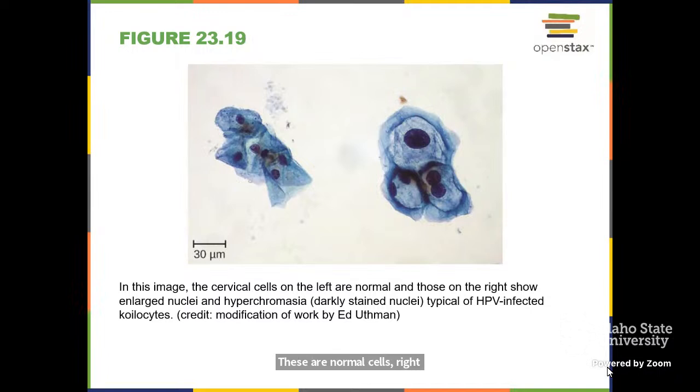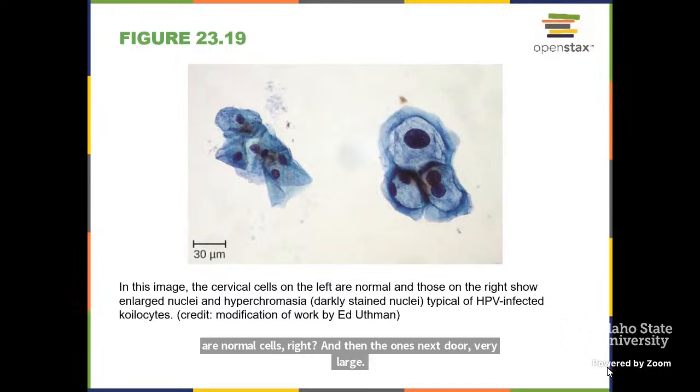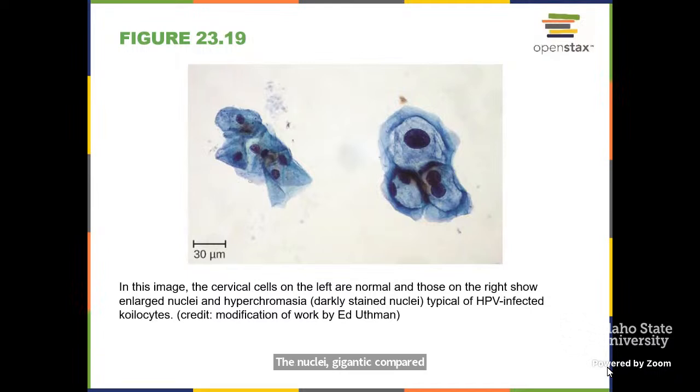And then the ones next door are very large, the nuclei gigantic compared to the others. Hyperchromasia is indicative of these cells, and we call them koilocytes, HPV-infected cervical cells.